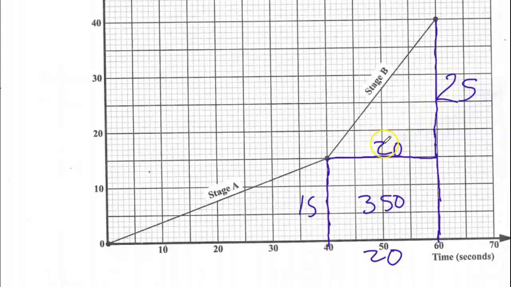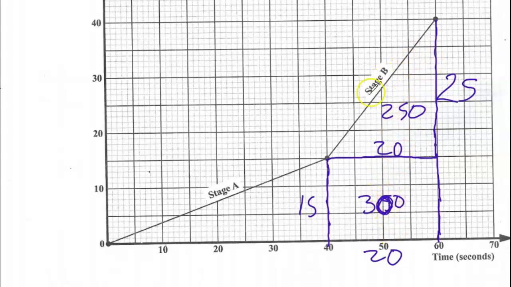Half base times height, half of 20 is 10, and 10 times 25 is 250. We made an error here: 20 times 15 is actually 300. So the area of this part is 300 and the area of this part is 250.